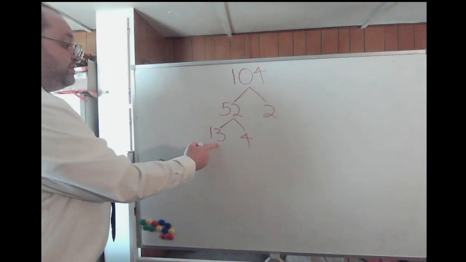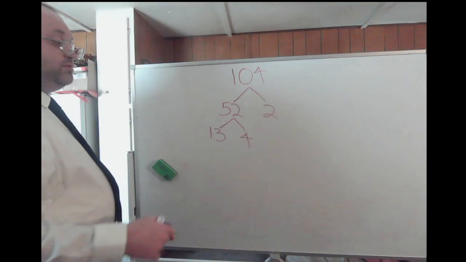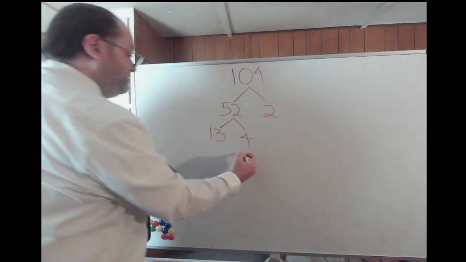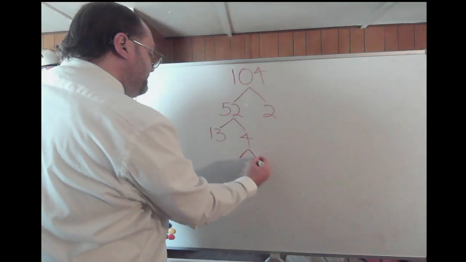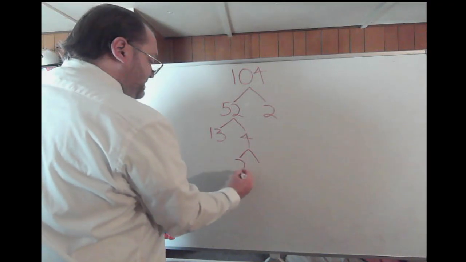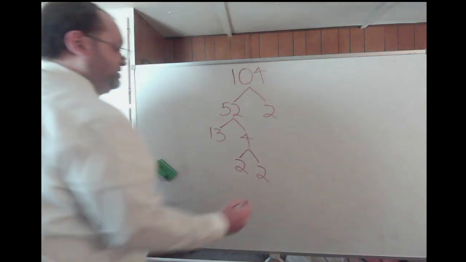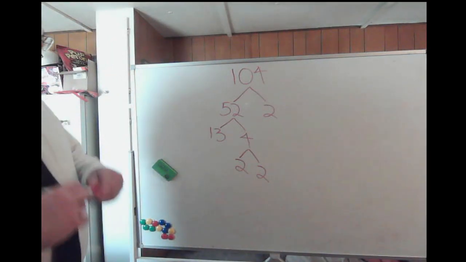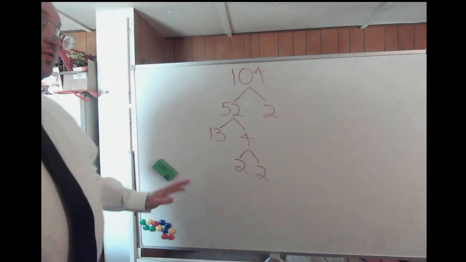We can't do anything further with the 13 because that's a prime number, just 1 and itself. But we can certainly do something with the 4. So 4 breaks down into 2 times 2. Well, we can't break down the 2s any further. They're prime numbers.